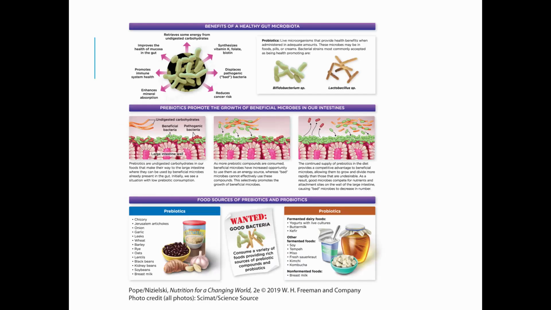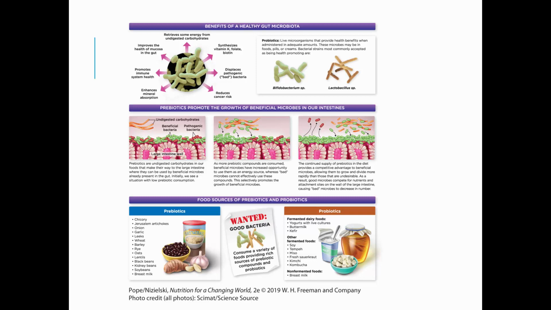So the benefits of a healthy gut microbiota. Again, we may get some energy from undigested carbs, and it helps improve the mucosal lining of the gut. We think it has a big role in our immune system health. We're still learning exactly how. It may help with mineral absorption, may reduce cancer risk, may help get rid of some bad bacteria, and can help synthesize some vitamins like vitamin K, folate, and biotin.